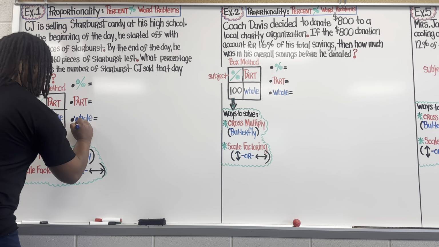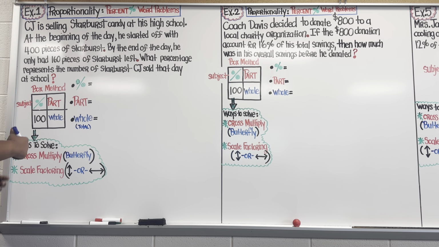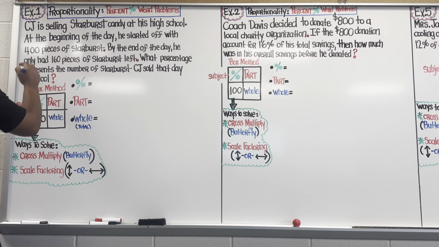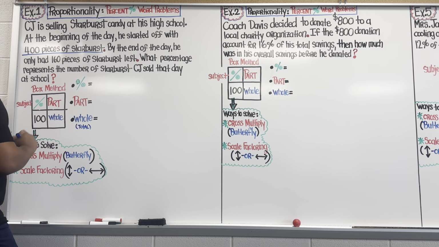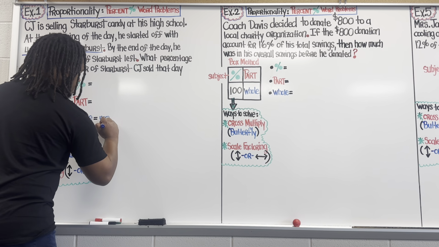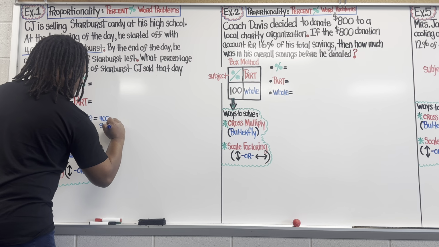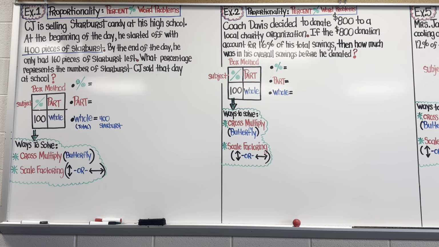Another word for whole is total. I'm just going to put that in parentheses so you know what it means, okay? All right, so CJ is selling Starburst, and the total number of Starburst that he took to school that day with him was 400 pieces of Starburst. So I'm going to underline that part, and that is the whole, right? So 400 Starburst. That is the total number of Starburst he took to school, right?